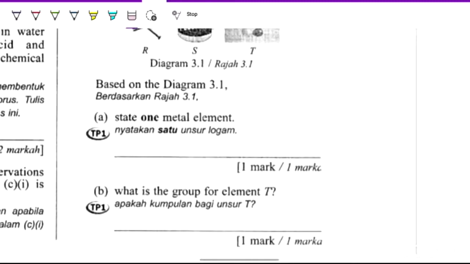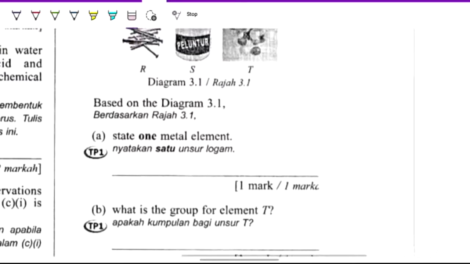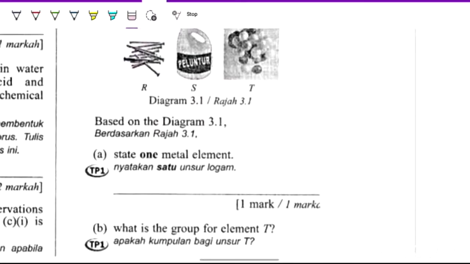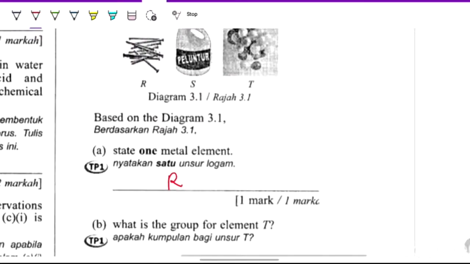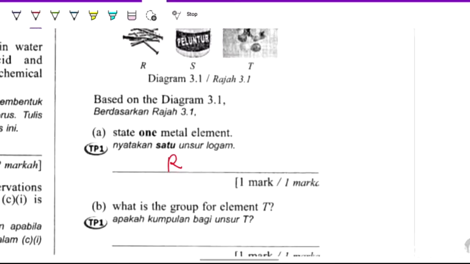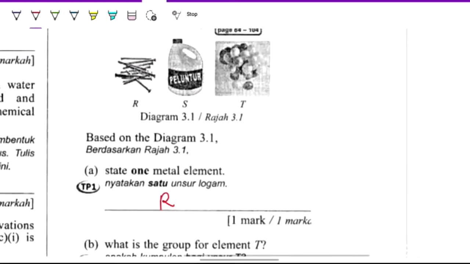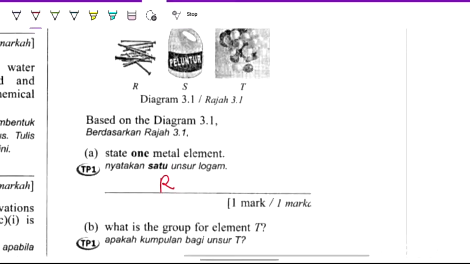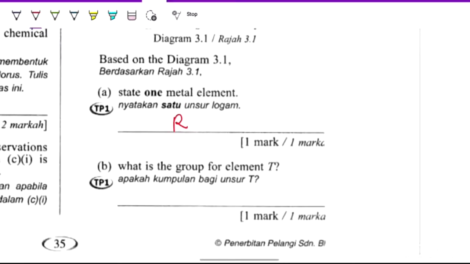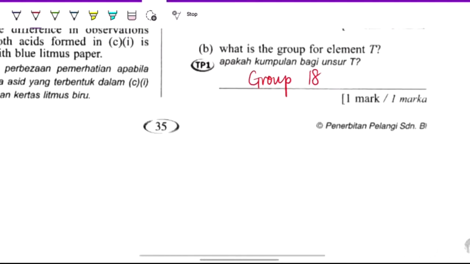State one metal element. The metal element here should be R because it's iron. What is the group for element T? Element T will be group 18 because it is helium.